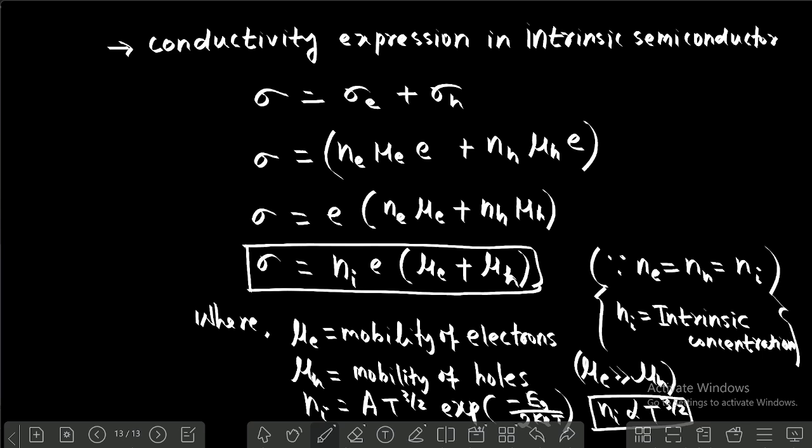Ni equals A T to the power 3 by 2 exponential of minus Eg by 2 kBT, where capital KB is basically the Boltzmann constant. That is the Ni value. But remember, Ni is directly proportional to T to the power 3 by 2. This you would remember, for intrinsic semiconductor.